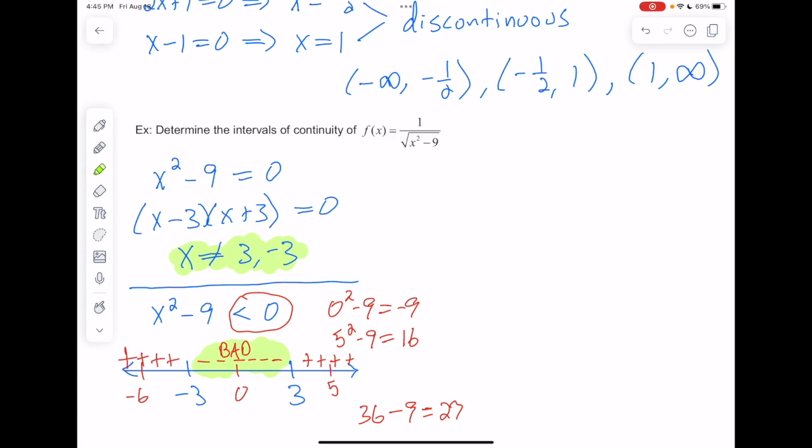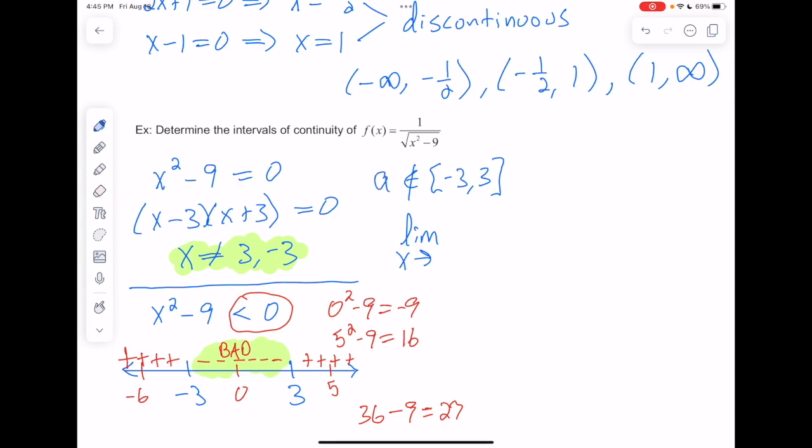Let's just look at a different number outside of that range. So let's suppose that x is not an element of negative 3 to 3. Then the limit as x approaches, whoops, I put x, but I want a.